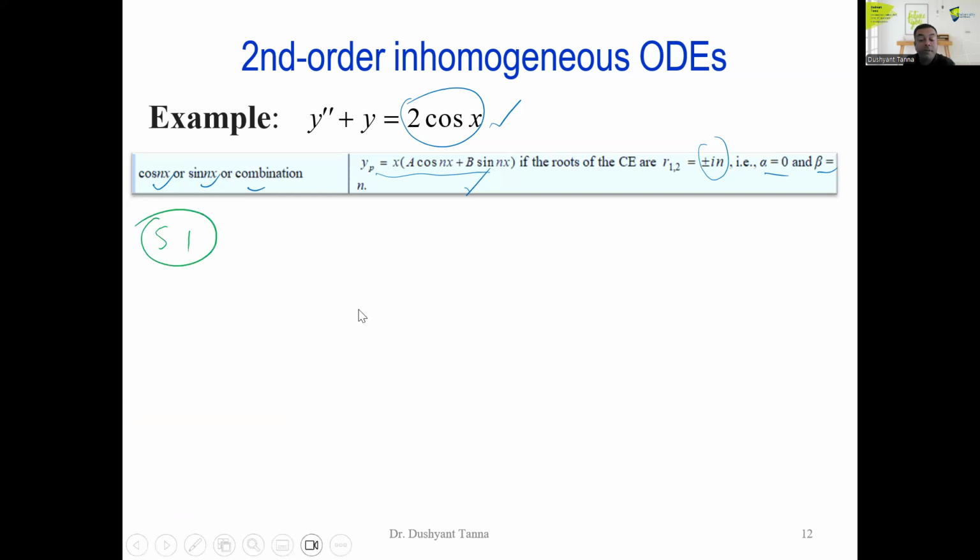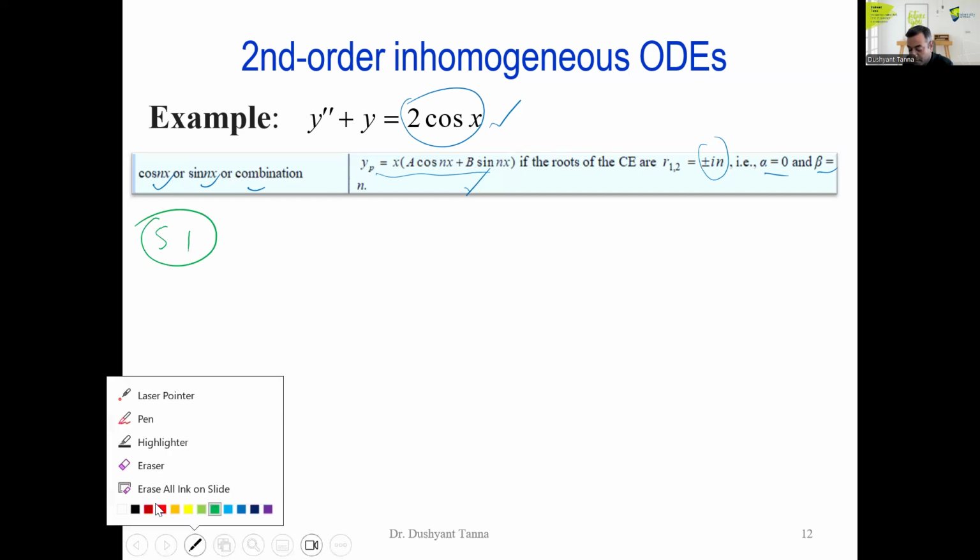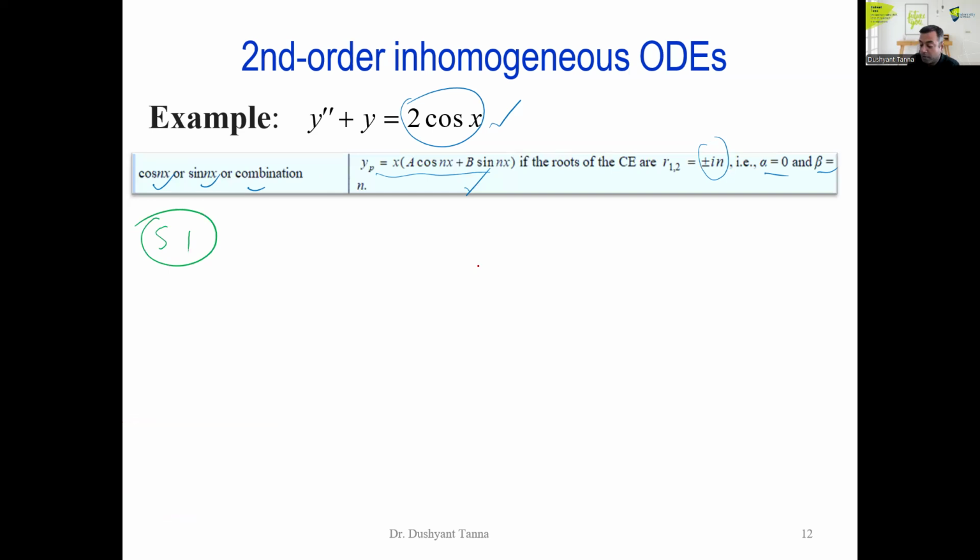Okay, step 1. What we will do in step 1, we'll talk about the corresponding homogeneous differential equation, right? So we will talk about y double dash plus y is equal to 0, right? From here, we got r square plus 0 r plus 1 is 0.